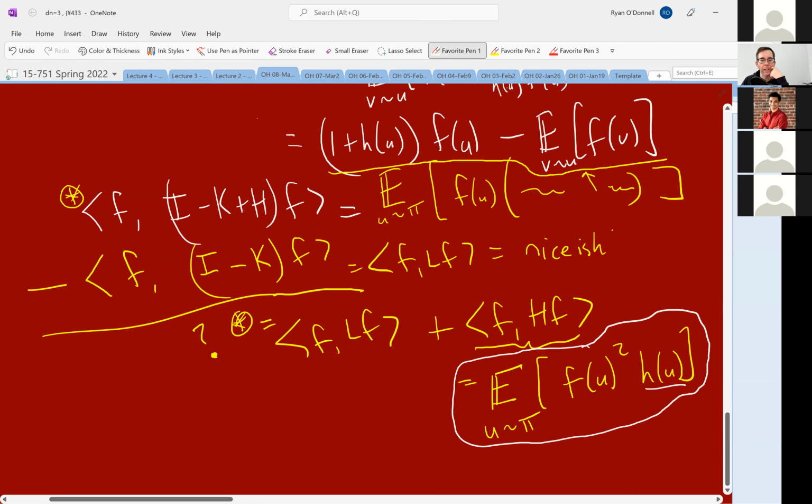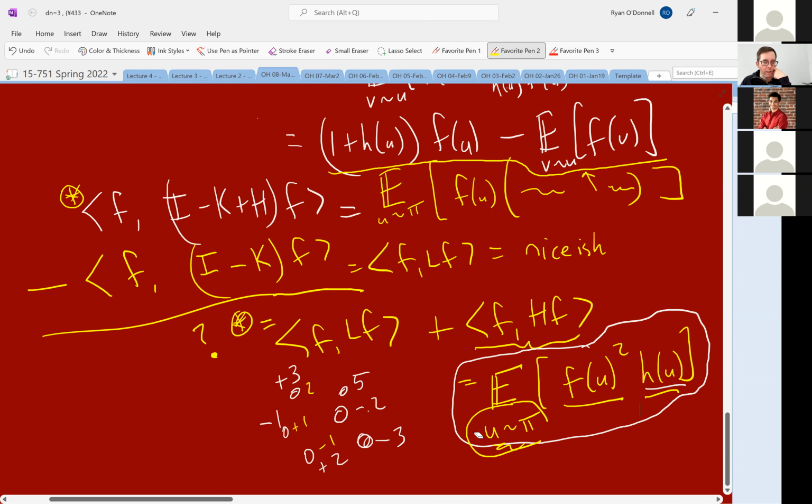H of u is some labeling of the graph, say h is in white, and f is some other labeling of the graph, say f is in yellow. So this is going over every vertex according to its weight: you square F's label, multiply it by H's label, and average that up.